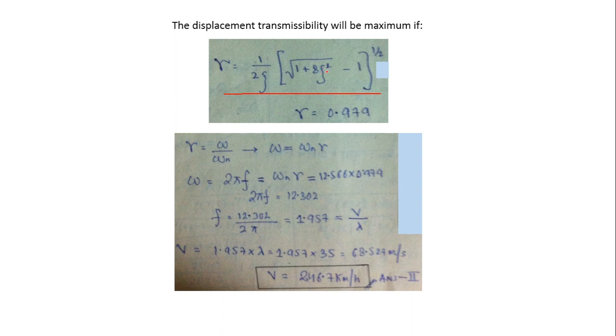By substituting the value of zeta, that is 0.15, we get the new value of r, which is 0.979. So since r is omega upon omega n, we can calculate the new value of omega. That comes out to be 12.302.